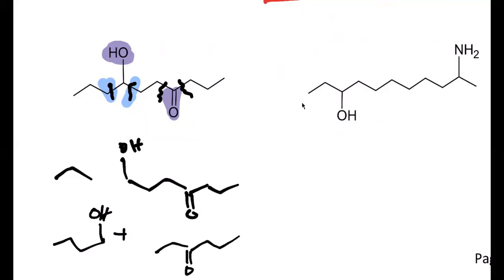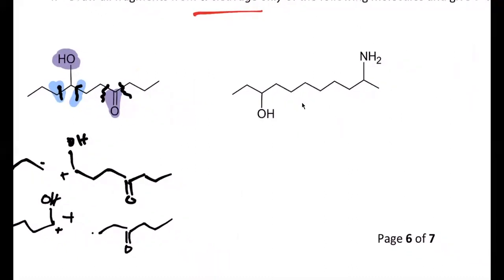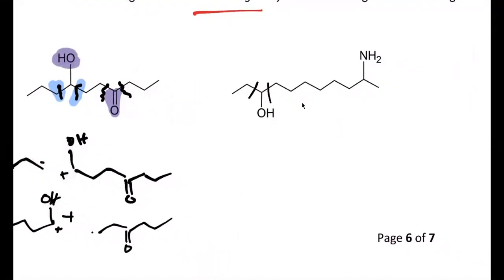Are you following? And then each one of those is going to be either a cation or a radical. So in this case, I'm going to put the radical right here because remember we talked about that being based on stability, right? And then you would do the same thing for the other side. And over here also, same thing. You would cleave here, here, and then here and here. All of those are what we call alpha cleavage.